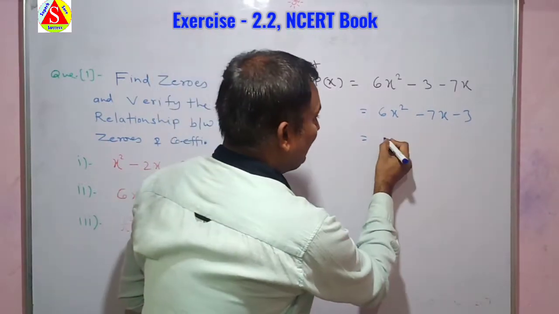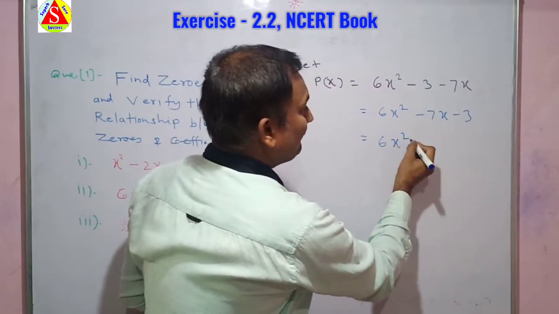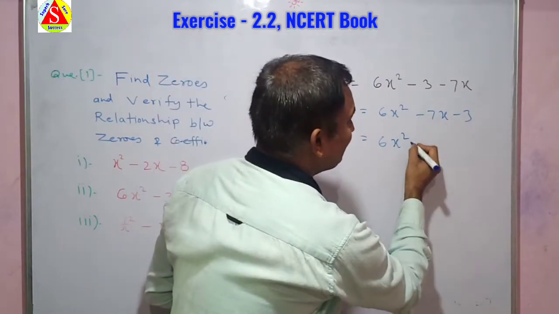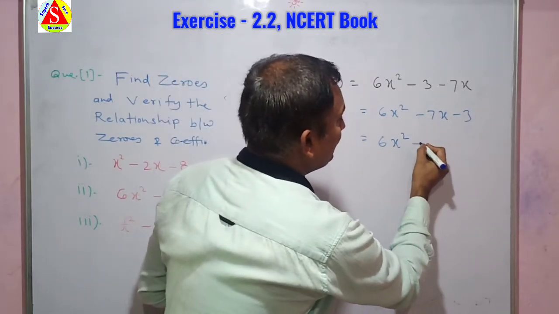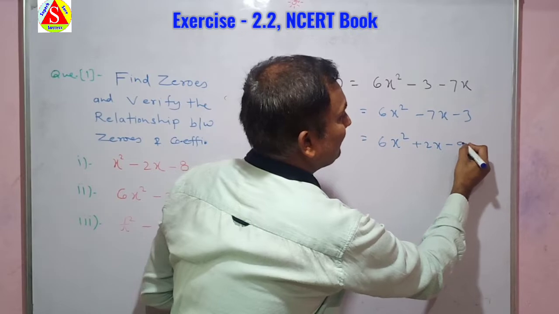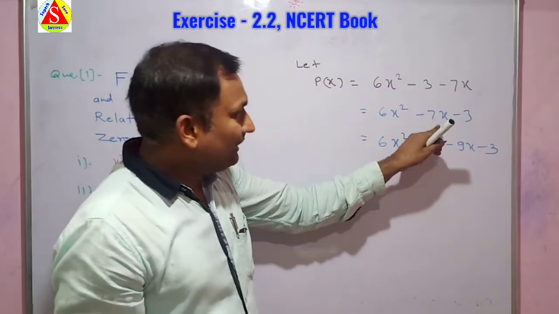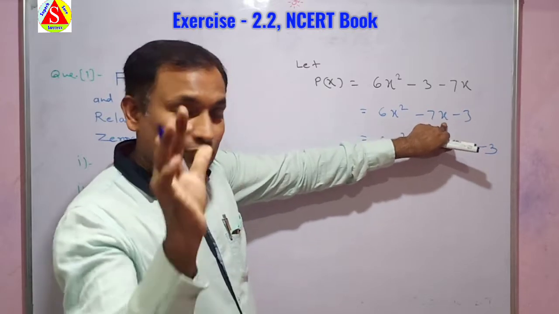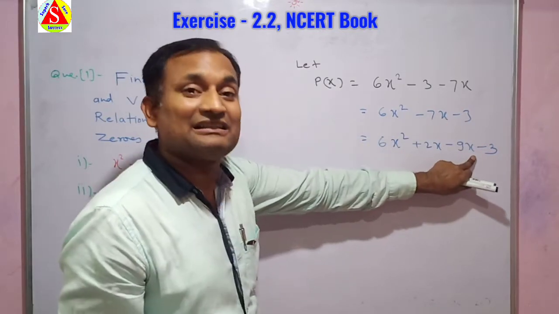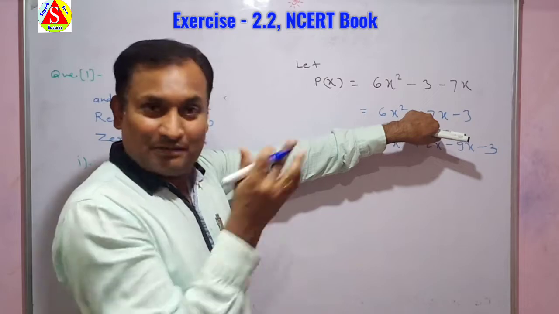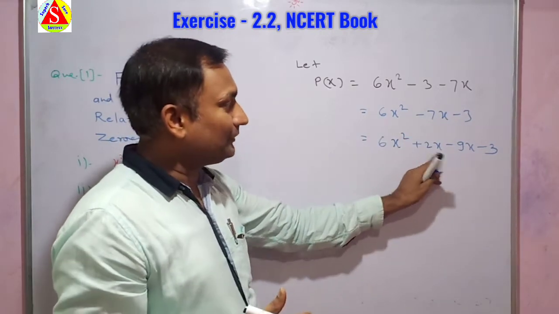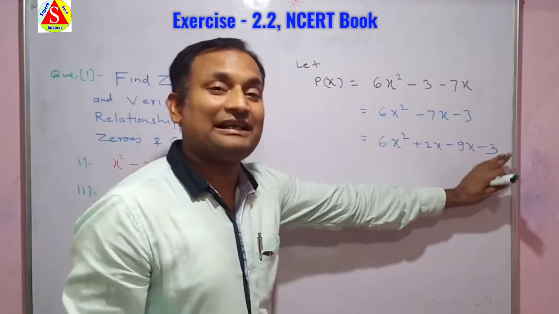So let's factorize this. We will have 6x square and we can split this into plus 2x minus 9x and minus 3. So here we have split this 7x into two parts, that is 2x minus 9x. Then we will have the minus 7x, and when we multiply 2 into minus 9, we will have minus 18.